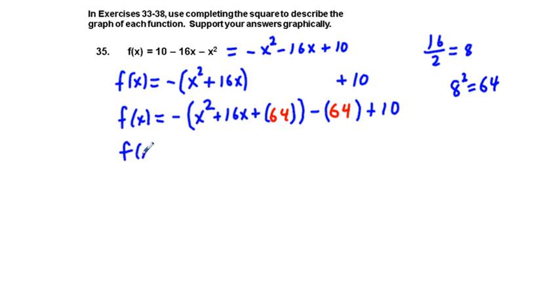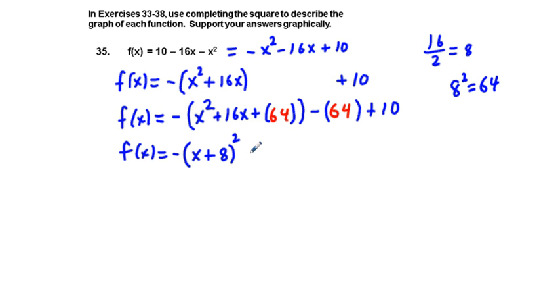F of x is equal to negative, x plus 8, quantity squared, and then minus 64 plus 10.